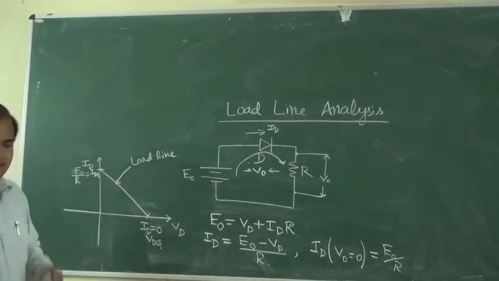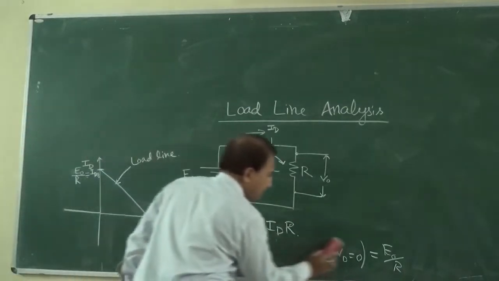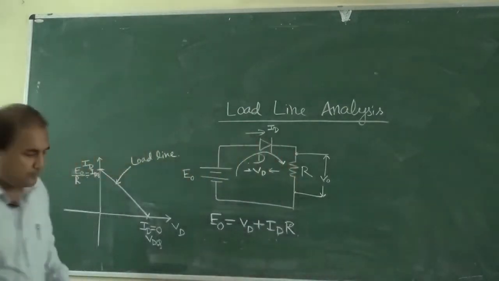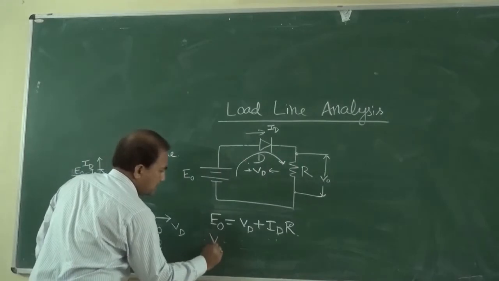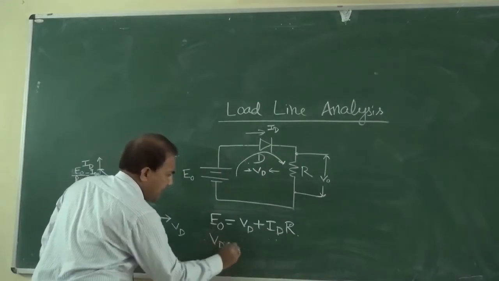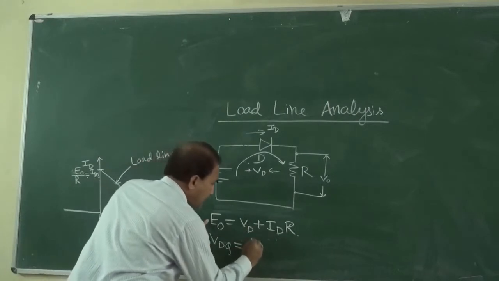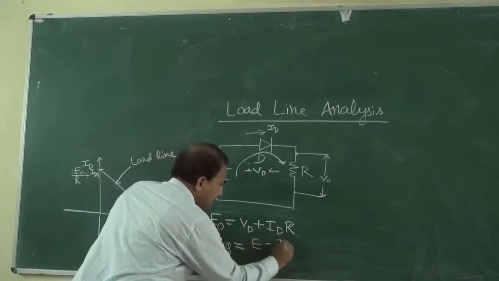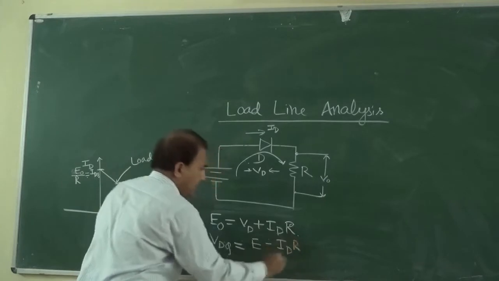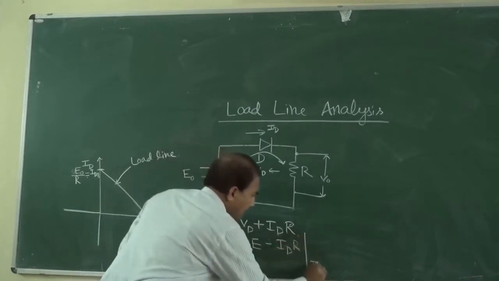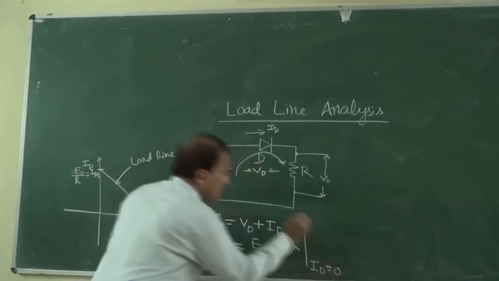Now how can we determine VD? VDQ is equal to E naught minus ID into R. Under what condition? When ID is equal to 0.